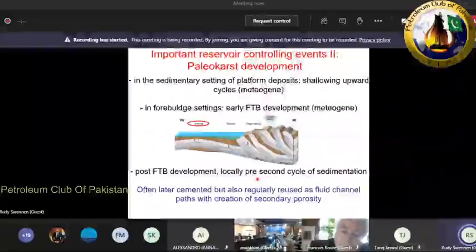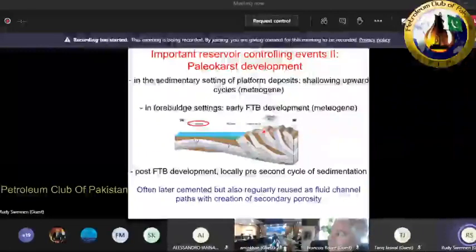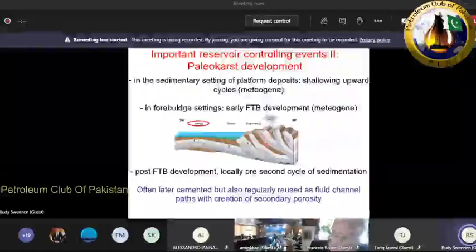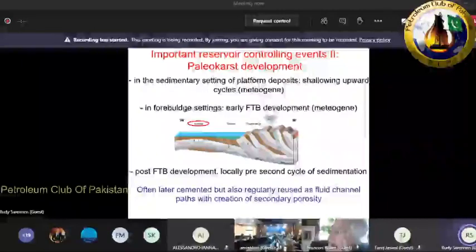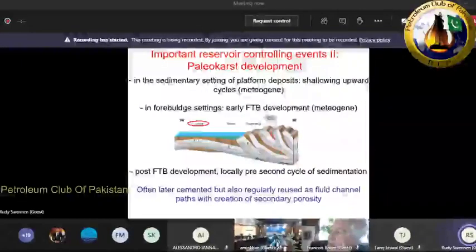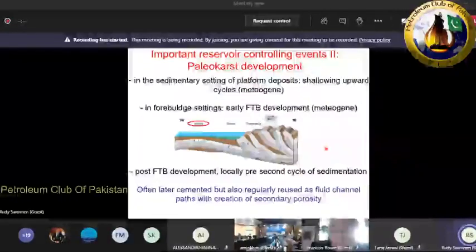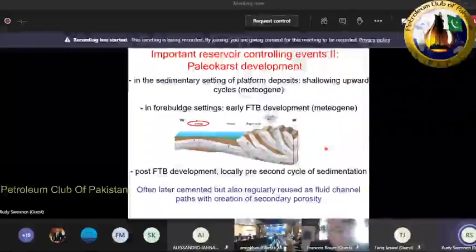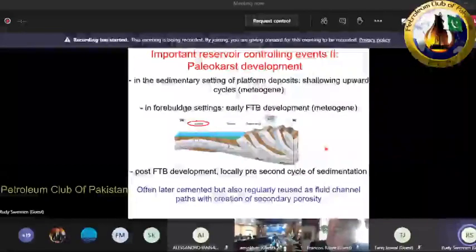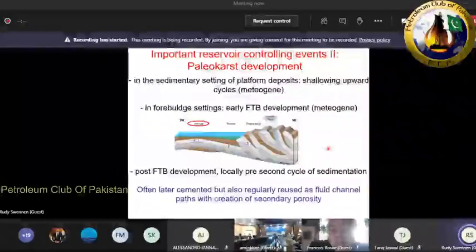If, for example, there is some uplift of certain thrust sheets, and if a second stage of thrusting happens in some areas. What is also very important is that once you have a karst system in these carbonates, these karst systems act as a kind of anisotropy system, and very often you will see that fluid expulsion will occur along these paleokarst systems, and that there is some special diagenetic overprint and potentially the formation of additional secondary porosity.